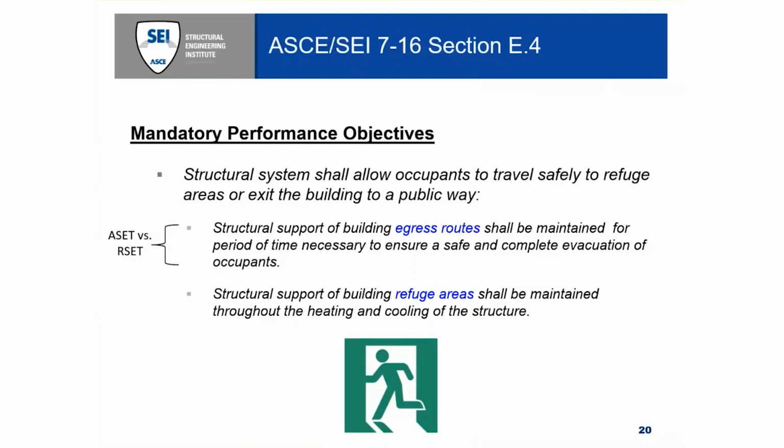So this differs from how the building code treats evacuation, because the building code does not regulate the evacuation time. It only regulates how far you need to travel on a given floor to reach the stairwell.